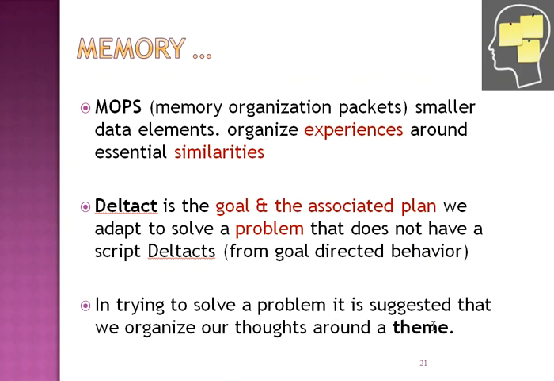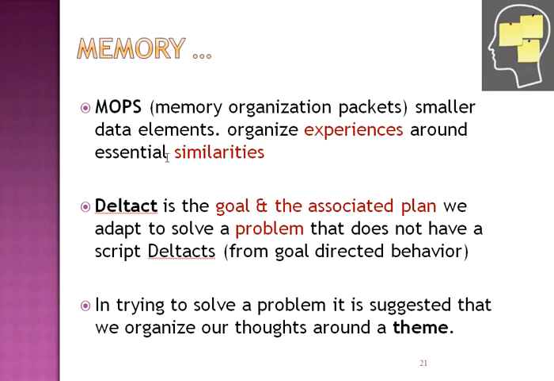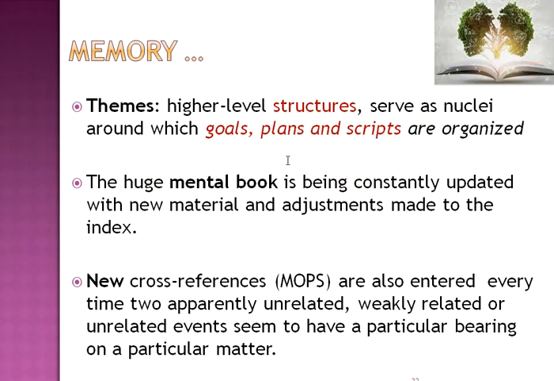In trying to solve a problem, it's suggested that we organize our thoughts around a theme. A theme is a higher level concept here. It's a structure of goals, plans, and scripts. So we have here goals and plans and the deltact and scripts, and we add here as well a collection of scripts in order to deal with the problem. This is called a theme.